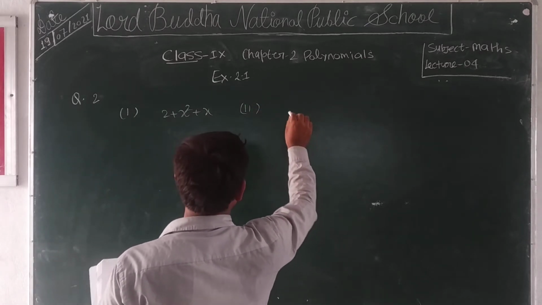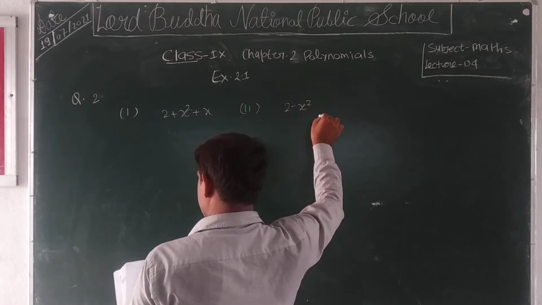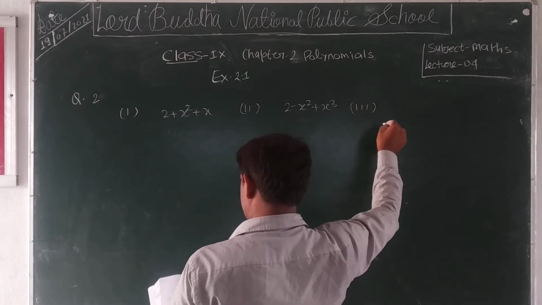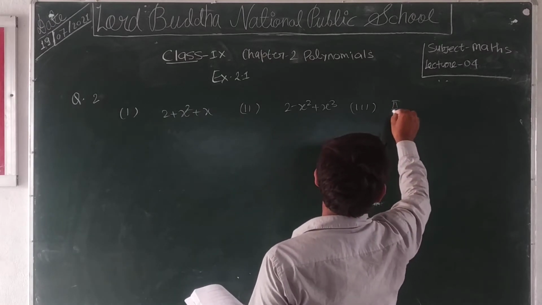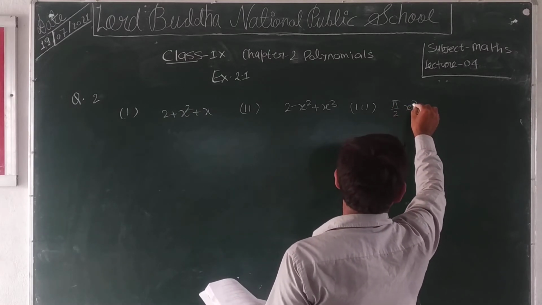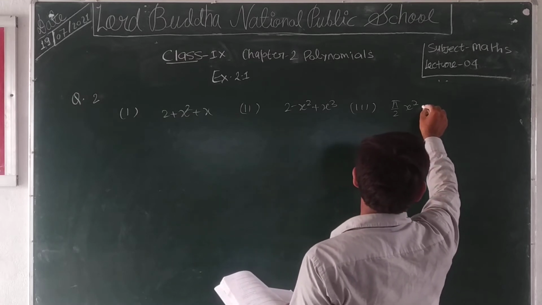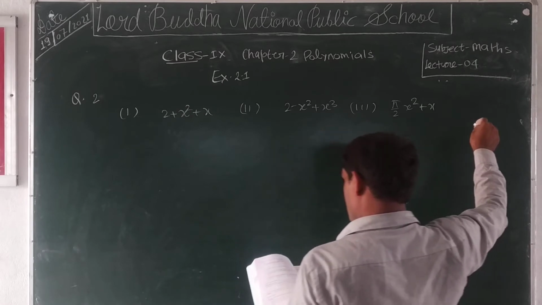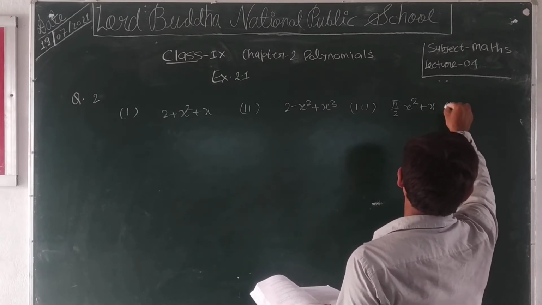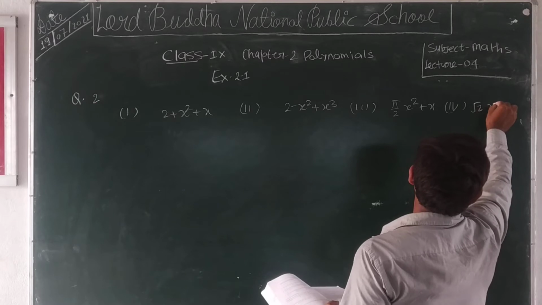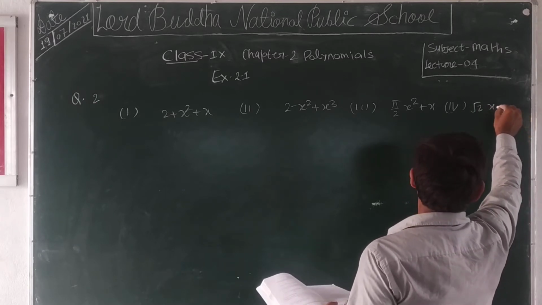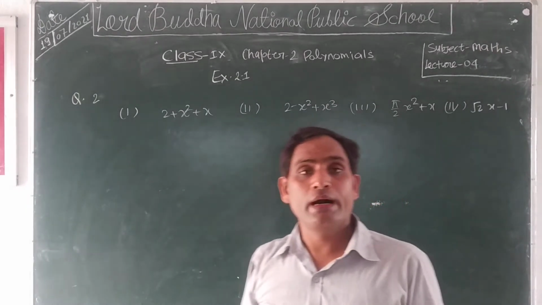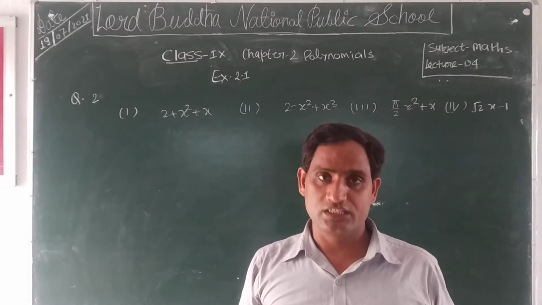Second part is 2 minus x square plus x cube. And third part is pi upon 2 x square plus x. And the fourth part is root 2 x minus 1.